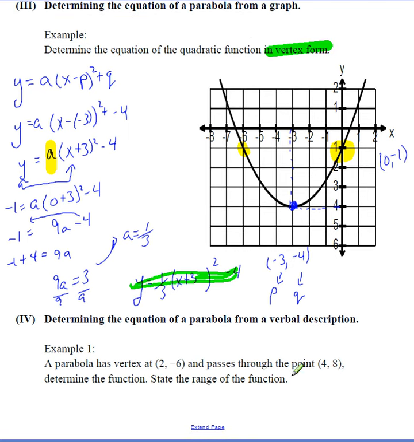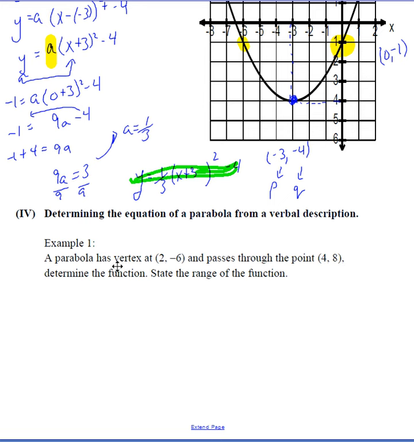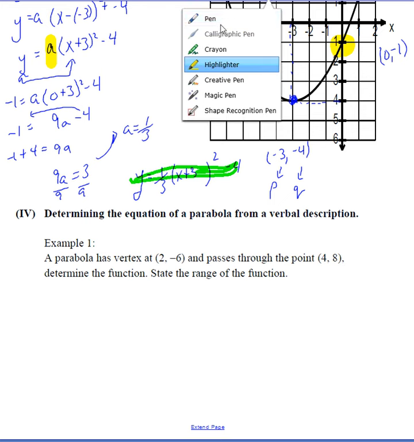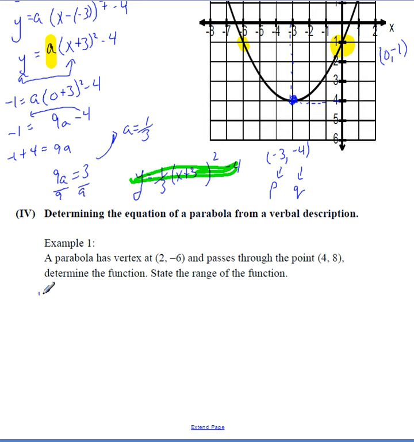Now, next example. Determine the equation of the parabola from the verbal description. So the parabola has a vertex and passes through that point. So again, the work is going to stay the same as here. That's the first one. So y equals a(x - p) squared plus q.